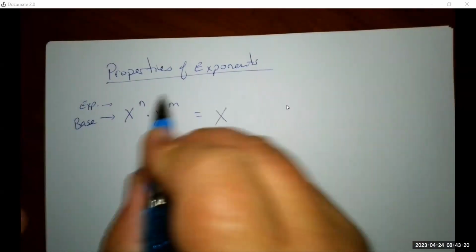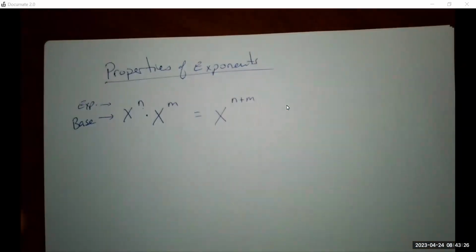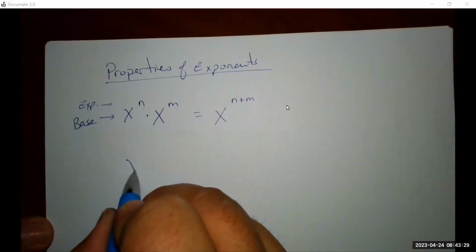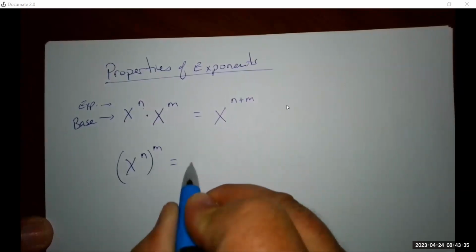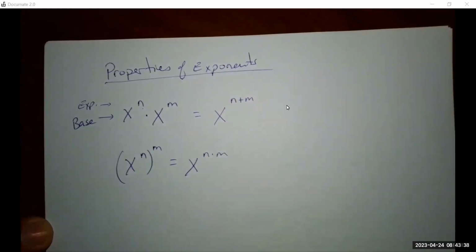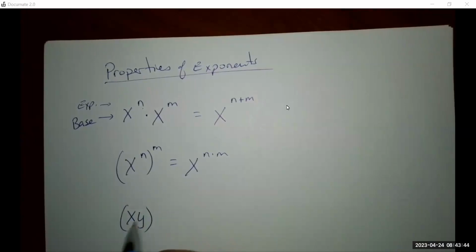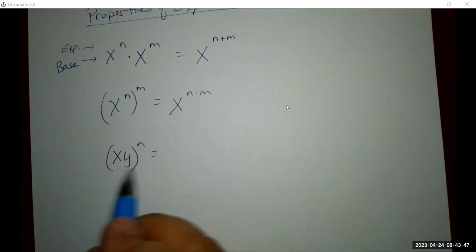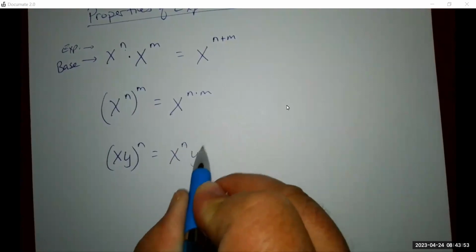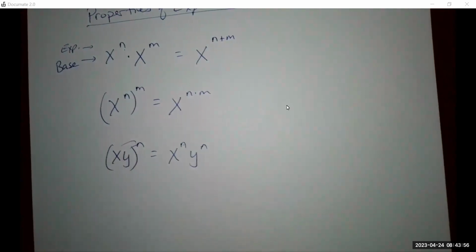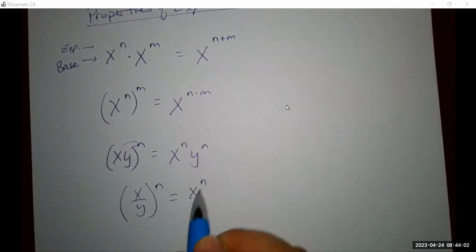Whenever you have the same bases with different or the same exponents, you add the exponents. If you have an exponent raised to an exponent, you multiply. If you have a product of some numbers and letters raised to a power, then everything inside the parentheses gets that exponent. Also works with fractions. You can distribute them.